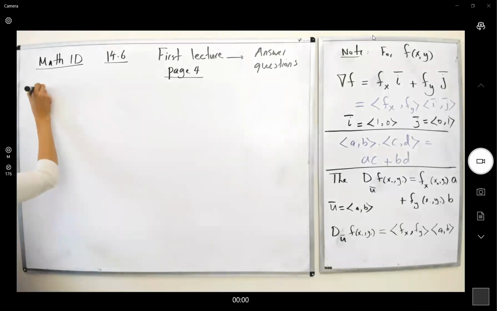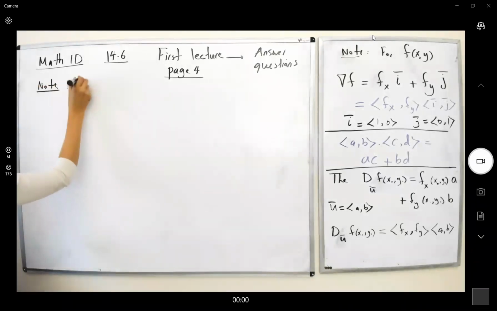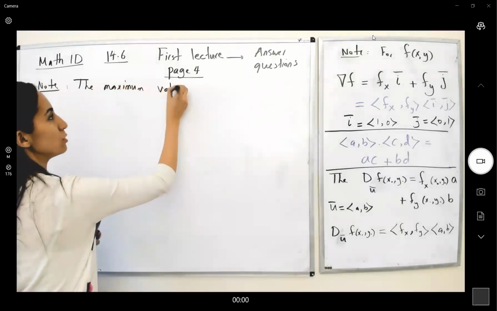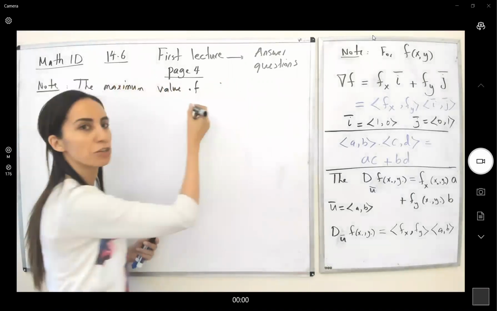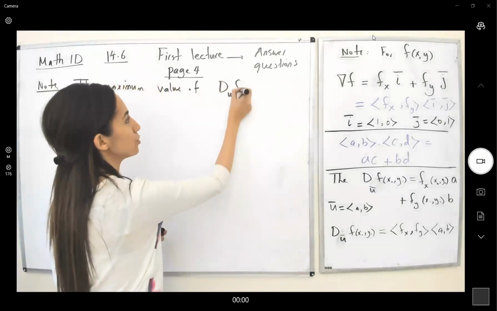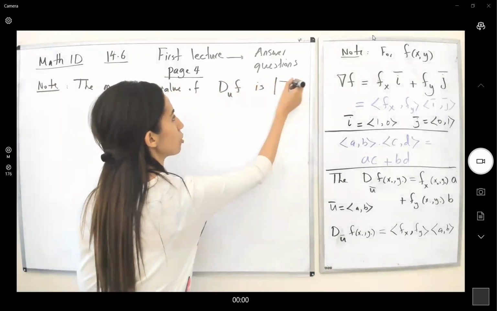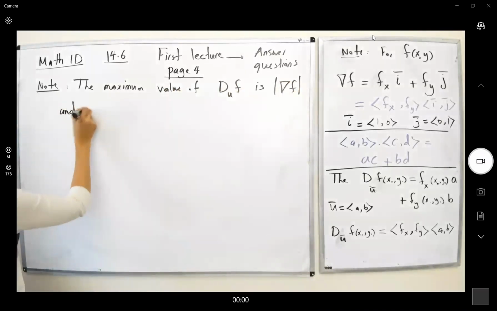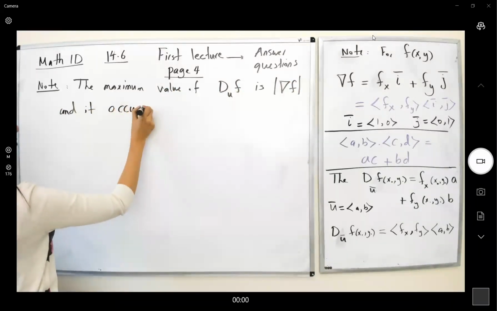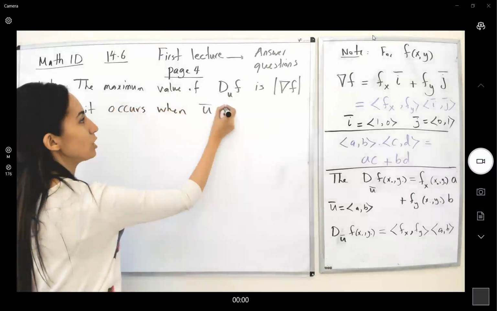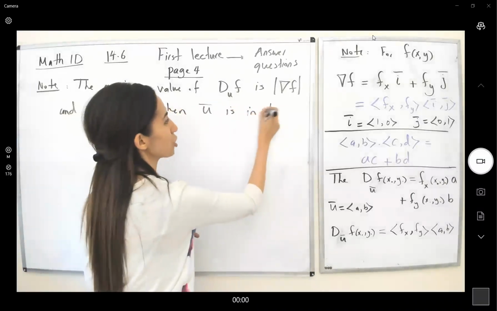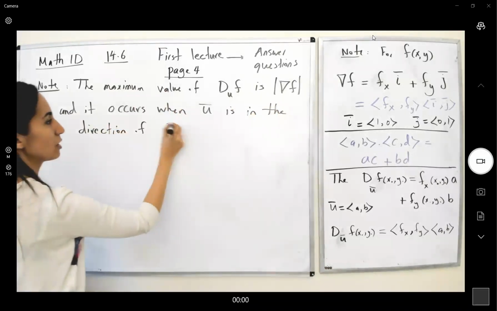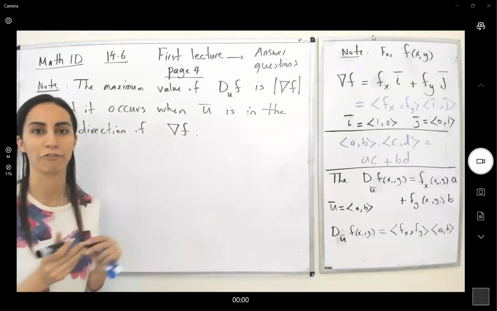Note the maximum value of the directional derivative D_u f is actually equal to the magnitude of the gradient of f, and it occurs when u is in the direction of the gradient of f.